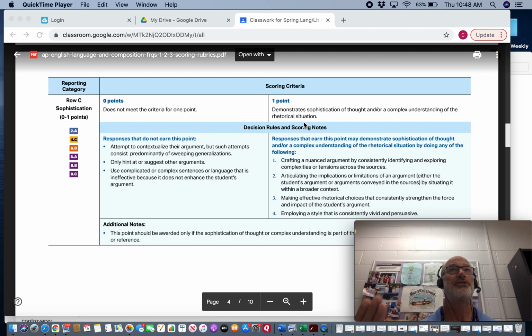Then you are also understanding the audience and where they might understand, and trying to get them engaged in this as well. And you have to do this in a logical, thoughtful line of reasoning that provides the logos. So, sophistication of thought and/or complex understanding of the rhetorical situation. Understanding the complexities of that is a really good place for us to take some of the guesswork out for the readers so that they understand what to give you.